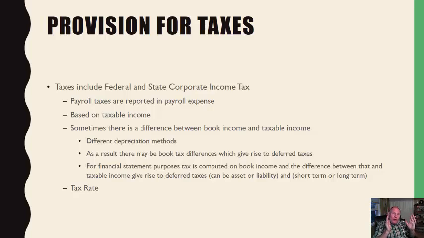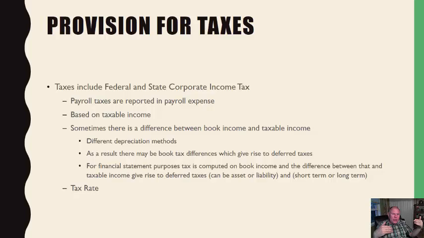Book income is what's reported on the financial statements, but when we prepare the tax return, there can be a different taxable income. Depreciation methods could be different, meaning that for book we may use 20 years, and under the tax law we might be able to write it off over 10 years. We also have some expenses that are not deductible. Those are permanent differences, and permanent differences do not generate deferred taxes. So deferred taxes arise only when there's a difference in how we compute the taxes.